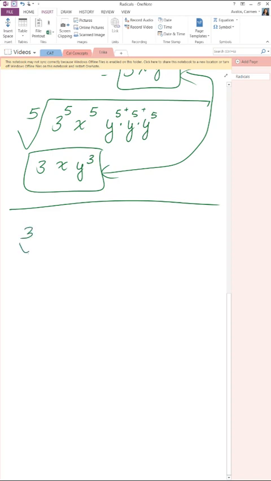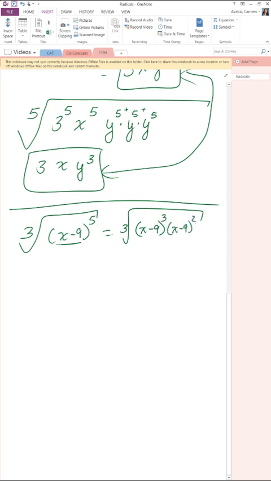If I have a question like the cube root of x minus 9 to the 5th, that's the same thing. It's still the index of 3. This is a quantity, so it's treated as one thing. But I could break it up into x minus 9 to the third and then x minus 9 squared, because they are the same bases.